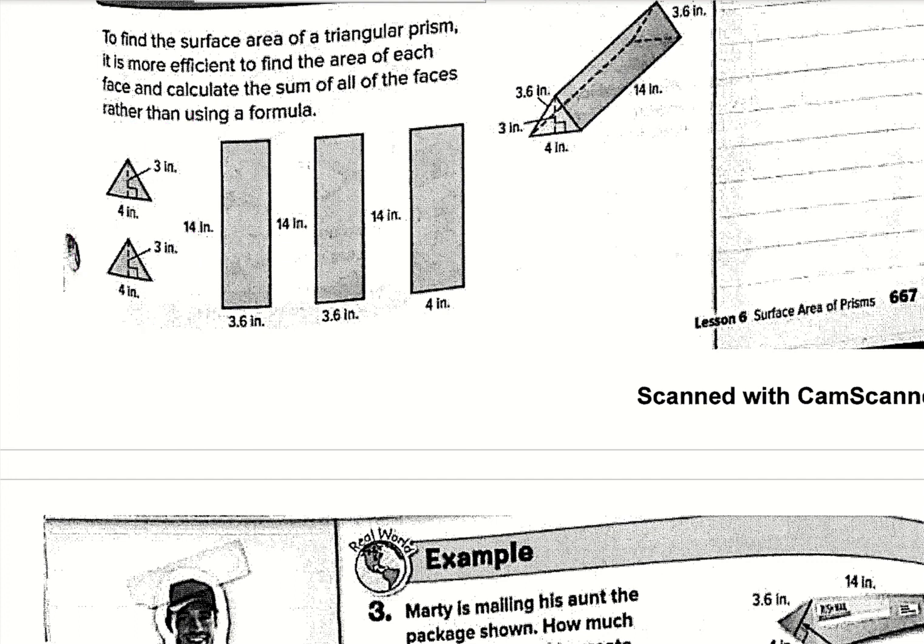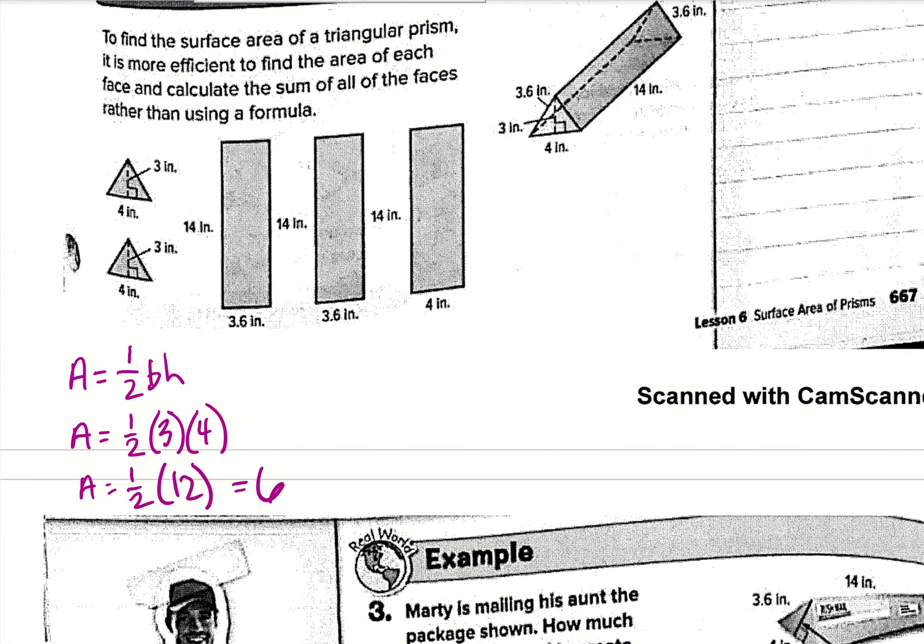All right, so the area of a triangle is going to be 1/2 base times height. That's a lowercase b. Okay, so then we have 1/2 times 3 times 4. All right, that'll give us 1/2 times 12, which is just 6. Okay, and then you'll notice we have 2 triangles. So we can go ahead and multiply that by 2. And there's our area for the triangles.